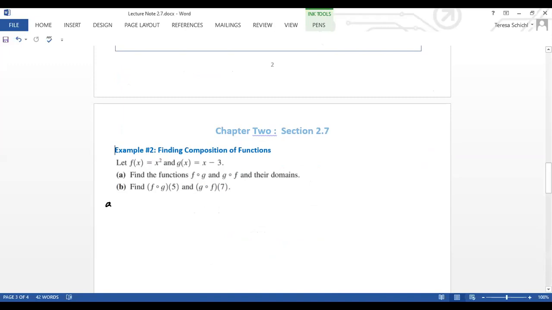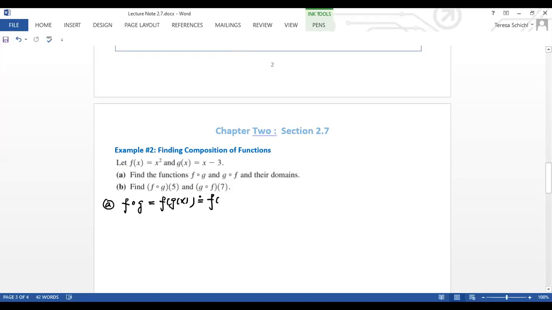So here, let's take a look. Let's first find the composition of the function. It's pretty easy. It's very mechanical, right? We just need to write it out correctly. So this is F of G. F of G means G goes inside, right? G of x is x minus 3.